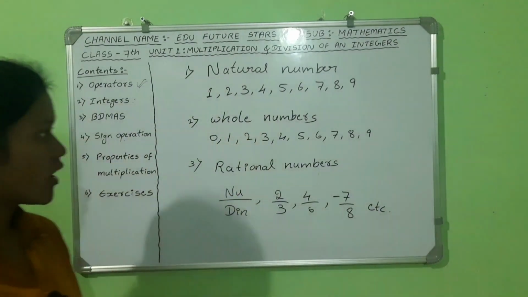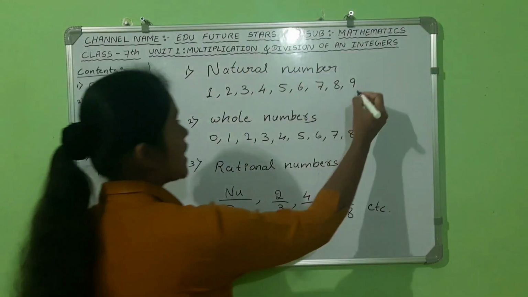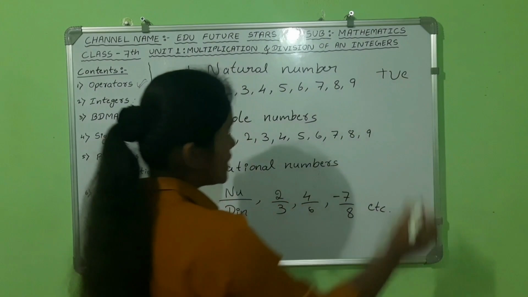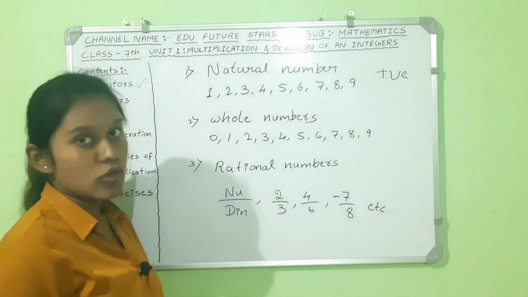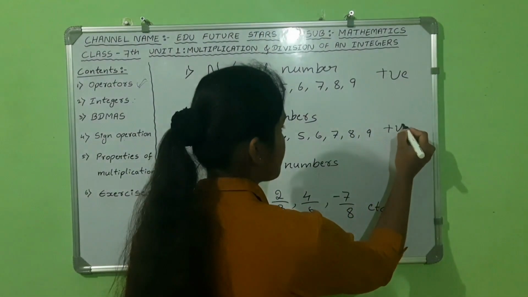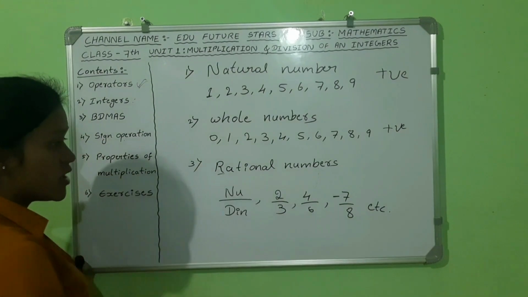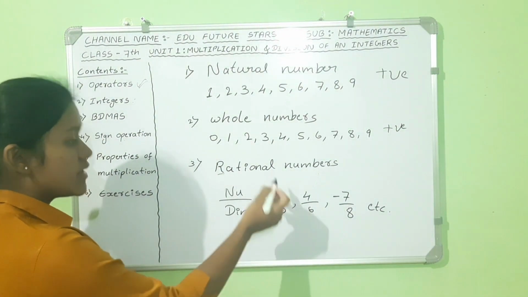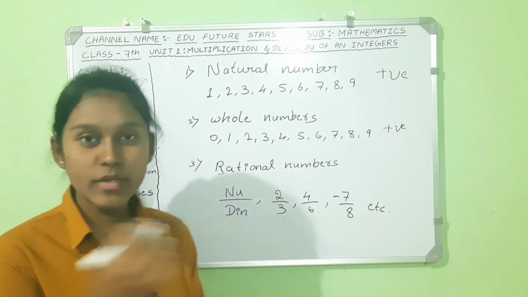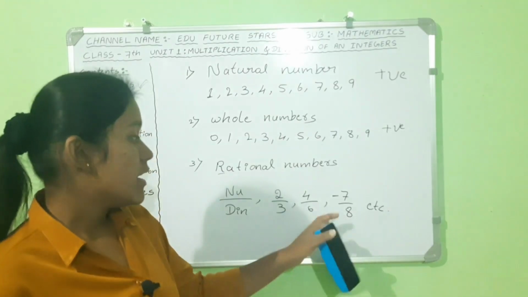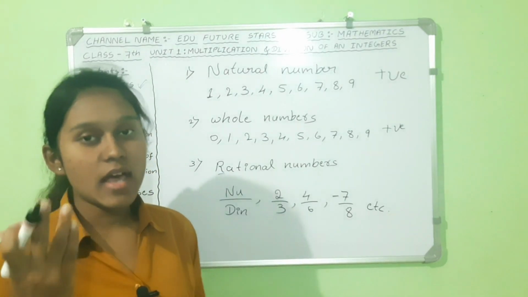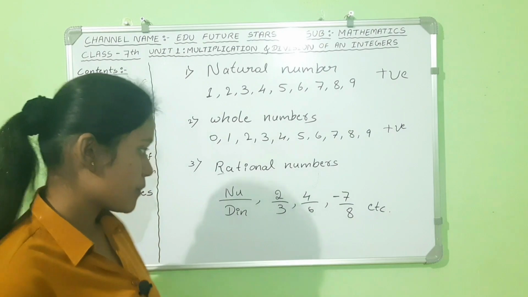Basically natural numbers are positive numbers. Whole numbers are also positive numbers. Rational numbers are in the format of numerator and denominator. They can contain positive values as well as negative values.